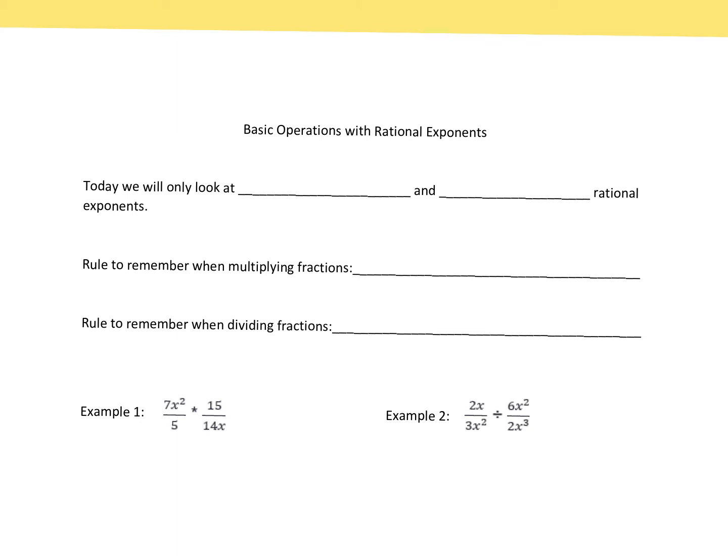You with me? Okay. When it comes to rational expressions, addition and subtraction are actually harder to do than multiplication and division, okay? So we're going to save that for after spring break, all right? Before spring break, today we're going to be covering multiplication and division.